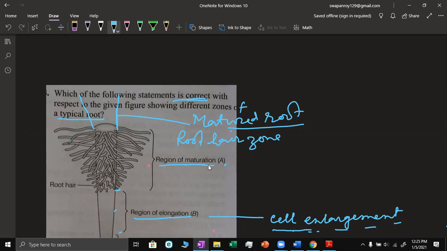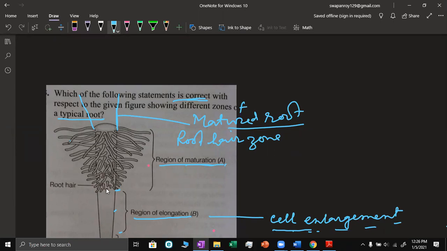This is the reason of maturation. During this maturation, what happens? The cell gets specialized for a particular work, so their shape, size, etc. may change according to the function they have to carry out.